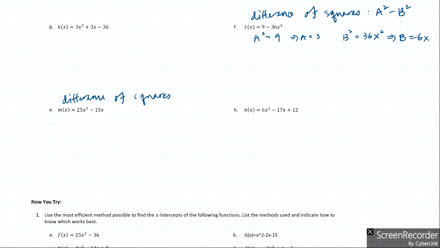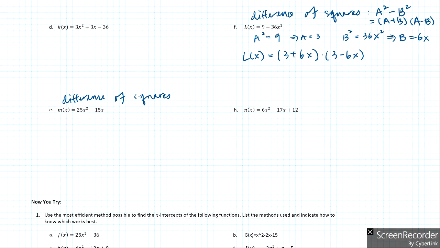And now to put it all together, a squared minus b squared equals a plus b times a minus b. Once you recognize the special form, make sure you know how to factor it as well. So that tells me L of x is equal to a plus b, which is 3 plus 6x, times 3 minus 6x over here.